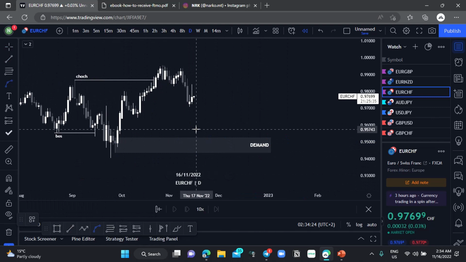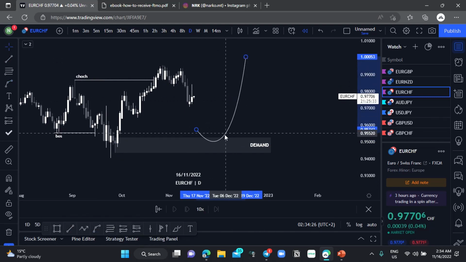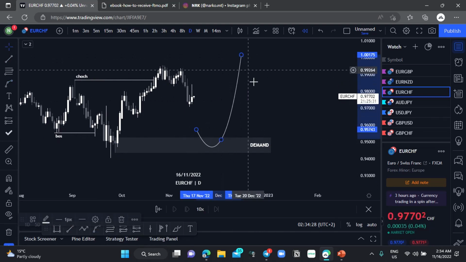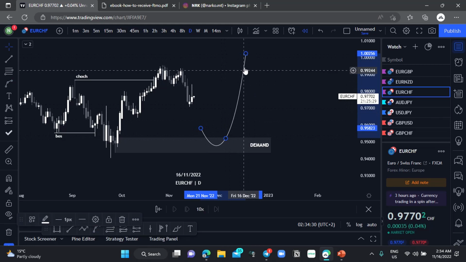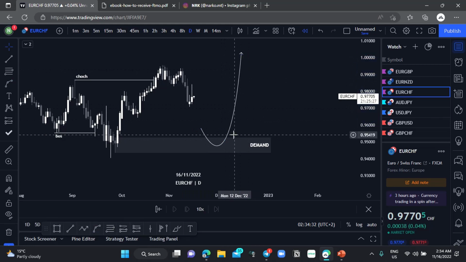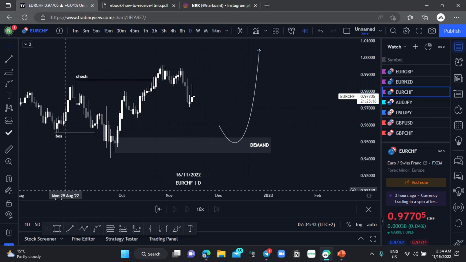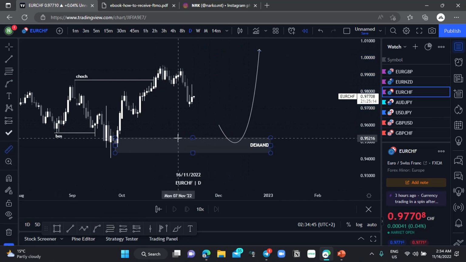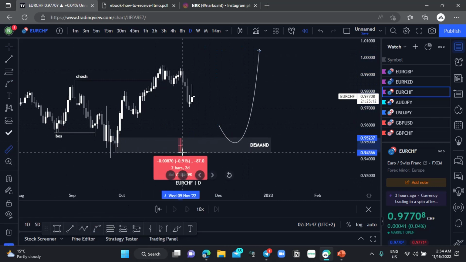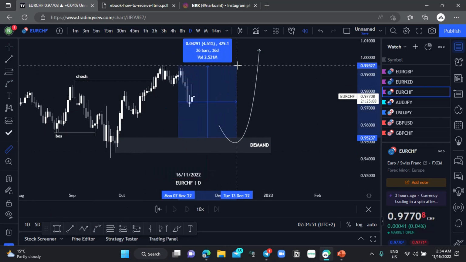In order for you to manage your risk, it is important that you know how to take trades, how you are risking in a trade, and what your reward is, your risk to reward. Initially, if you're taking your buys here, you would be risking 83 pips for a reward of roughly 400 pips.